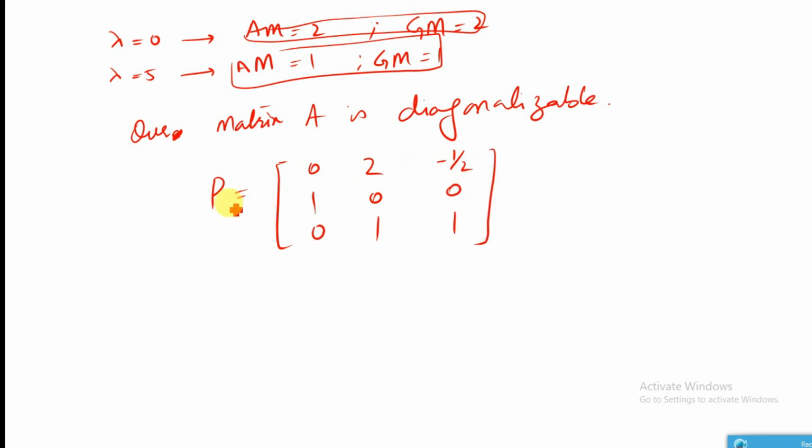So this is our matrix P. As the geometric and algebraic multiplicities of each eigenvalue are the same, our matrix A is diagonalizable.